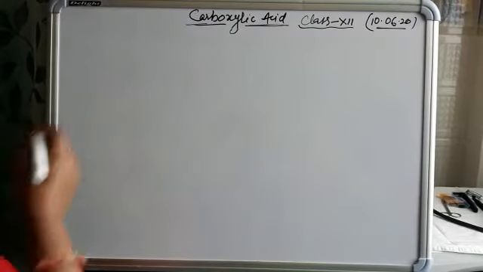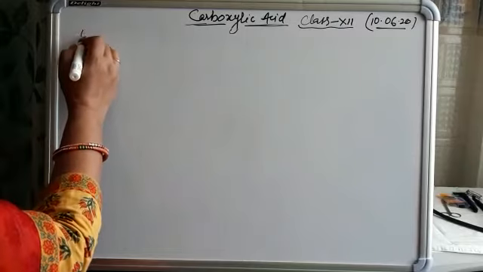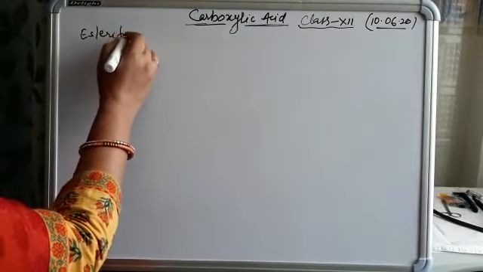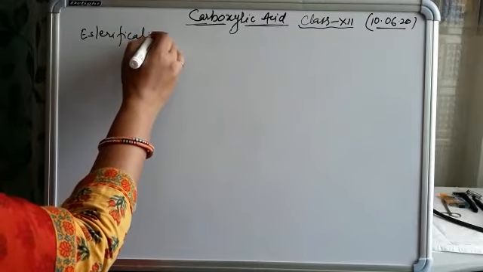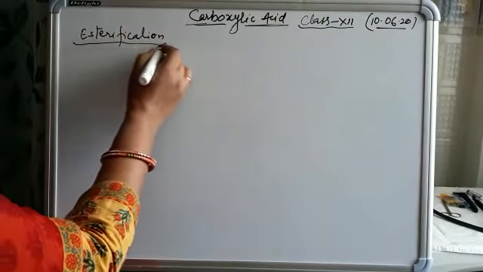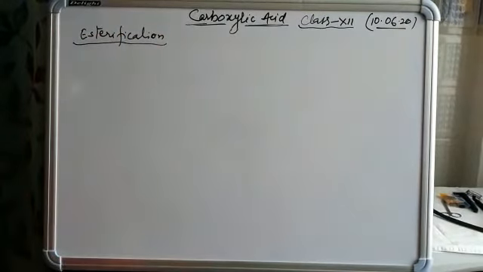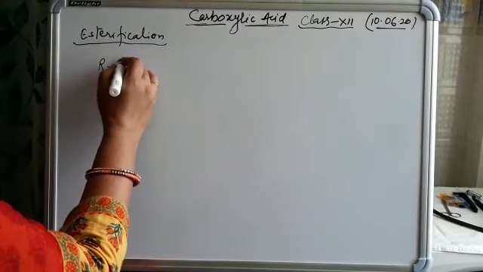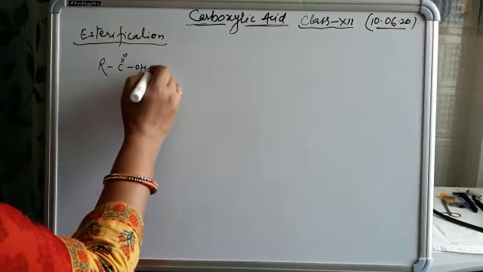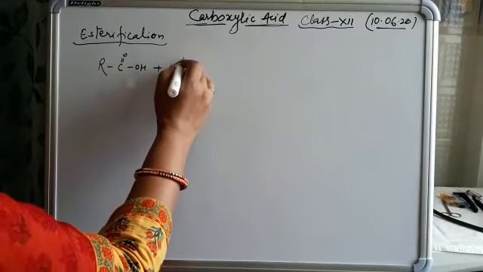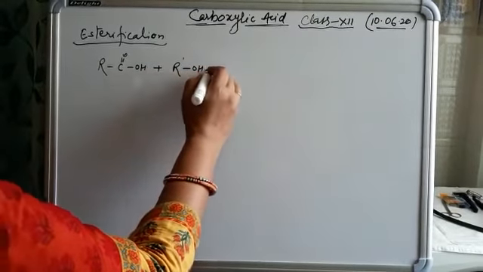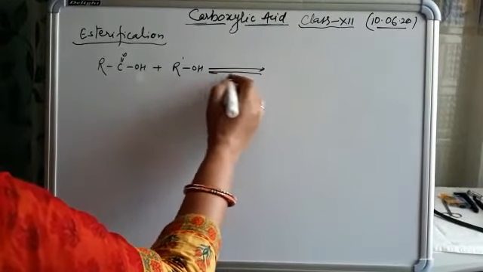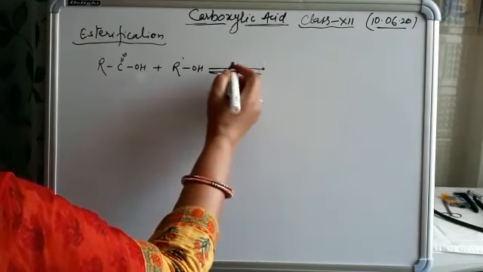Our next reaction is the esterification reaction. In the esterification reaction, we know that when carboxylic acid is treated with alcohol, this reaction is reversible in nature, so we can draw it like this.